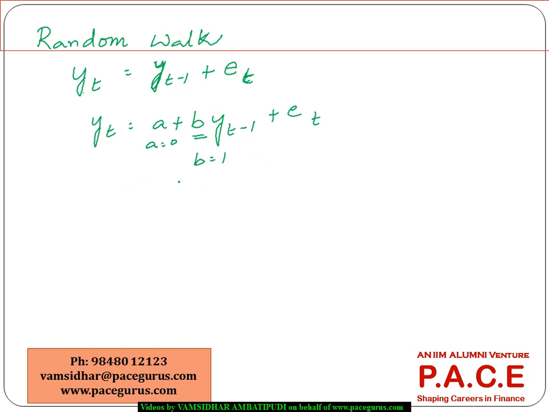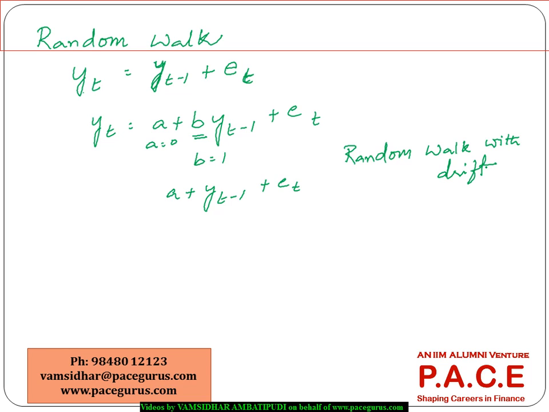And if a is non-zero, some other value, yt equals a plus yt minus 1 plus epsilon, where b is still equal to 1, a is not equal to 0, but b is still equal to 1, we are talking about the random walk with some kind of drift. So with these kinds of models, I cannot use autoregression for prediction purposes.